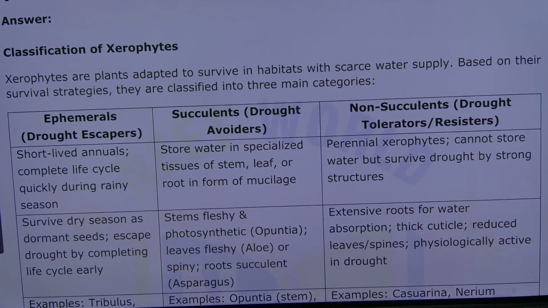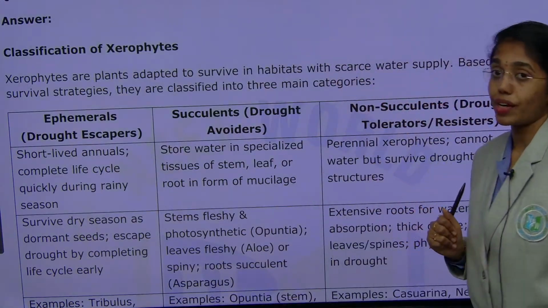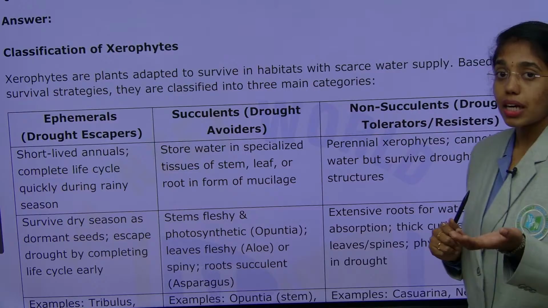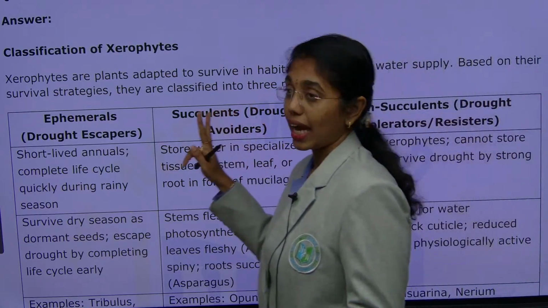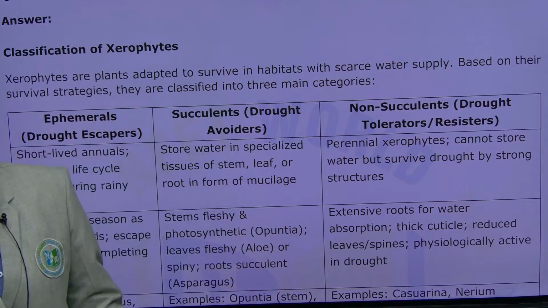Now we will move on to: write a brief account on classification of xerophytes. We know xerophytes are classified into three main categories: ephemeral, succulents and non-succulents.